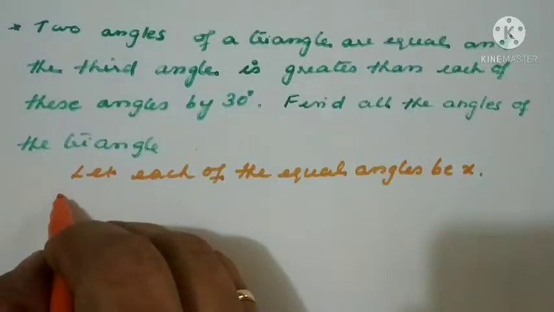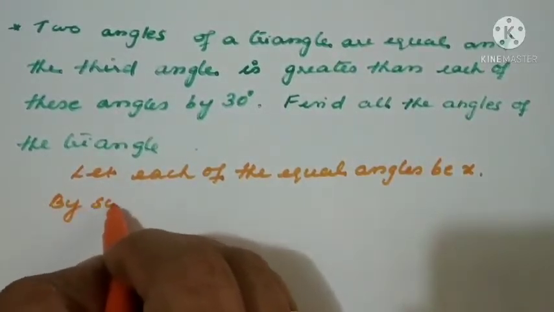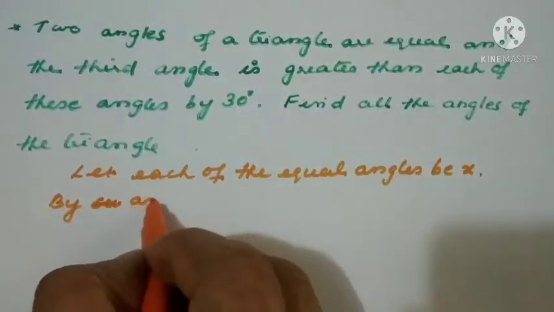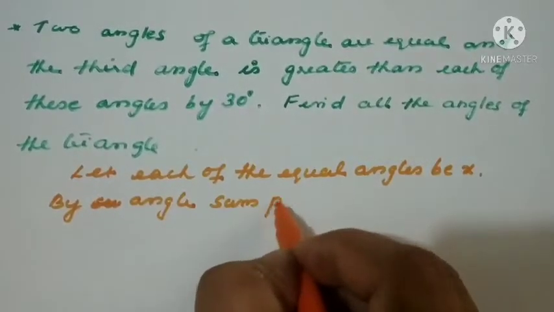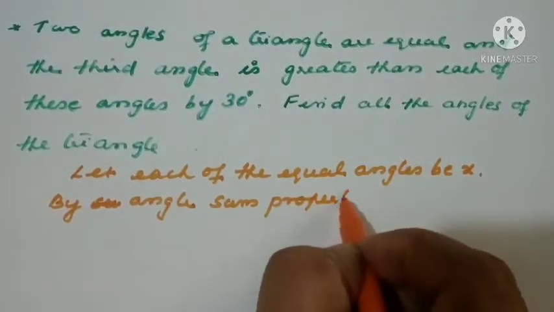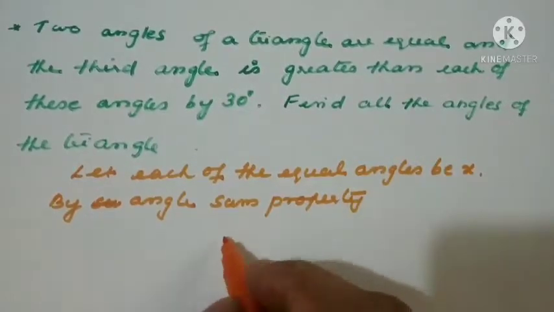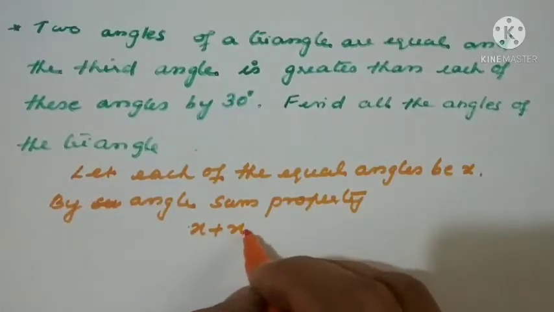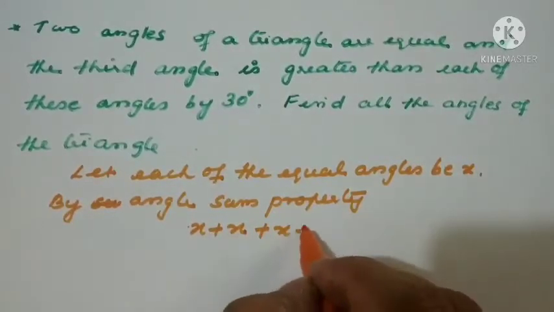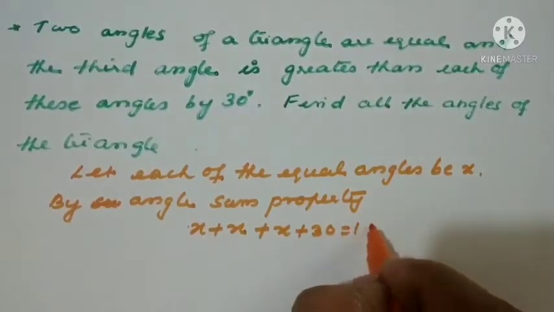By angle sum property, we have x plus x plus x plus 30 equal to 180 degrees.